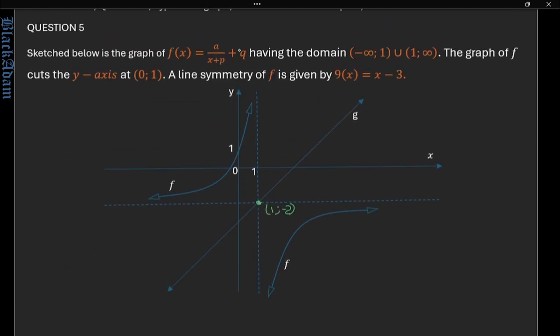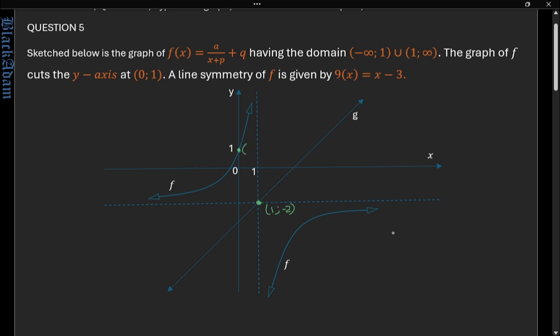So that's our p and our q. Okay, so what we have there is x is 1 and y is -2. We have that information, and then we also need information at the point, because we need the graph.